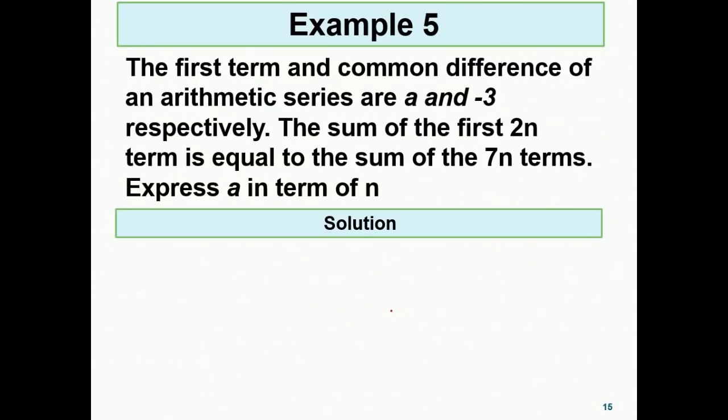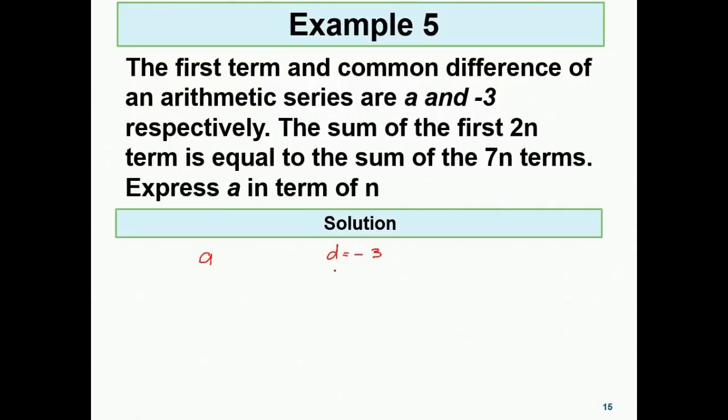Example 5. Find the first term and common difference of an arithmetic series. They are a and negative 3. So it means that the first term is a and the common difference is negative 3.